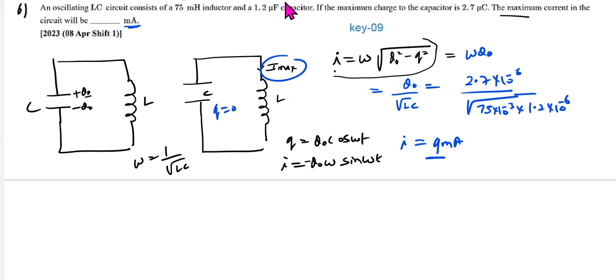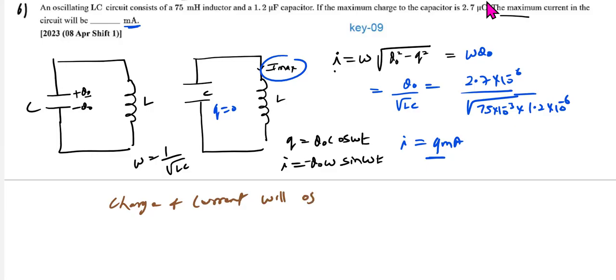It's a very simple question. If you know the theory and the formulas, then you can solve it, otherwise not possible. Once again, read LC oscillations. Just a small idea: the charge and current will oscillate in the circuit.